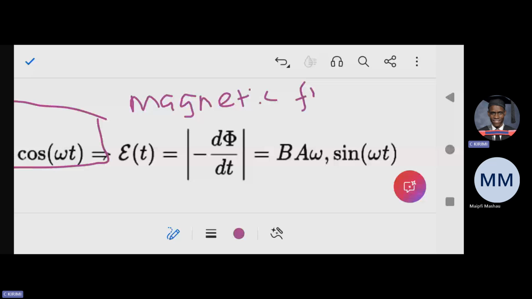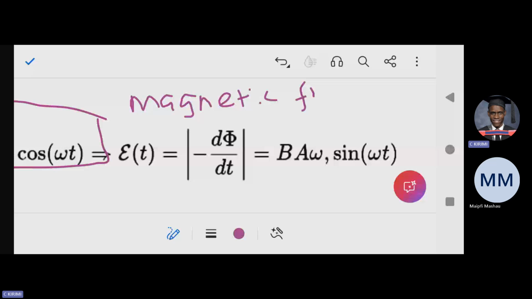Given the absolute, meaning you are going to get a negative. So the negative of that makes it positive, because the EMF of that battery is going to be positive. You can't have a negative value. So is the formula for flux always like that, BA cos omega t?